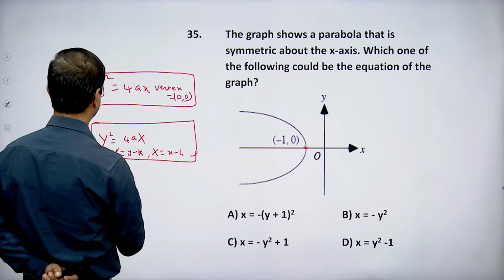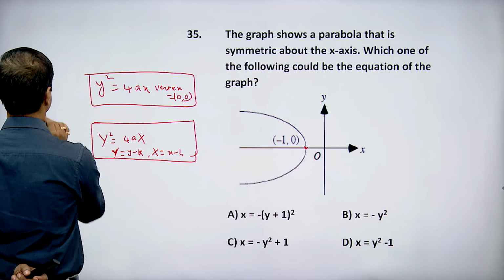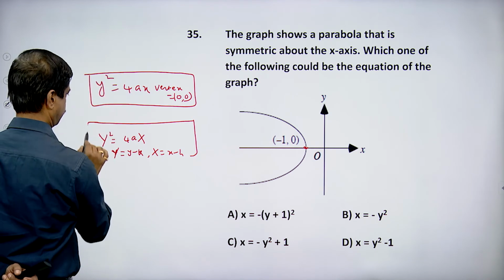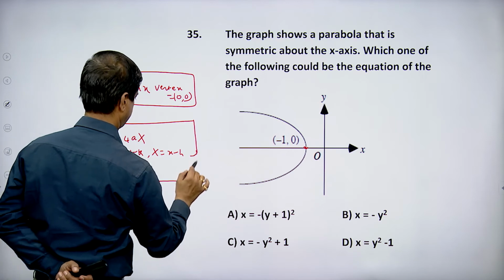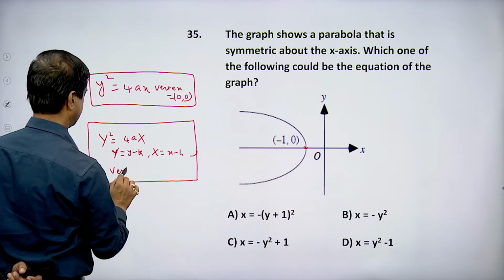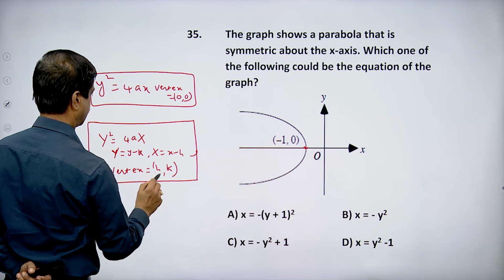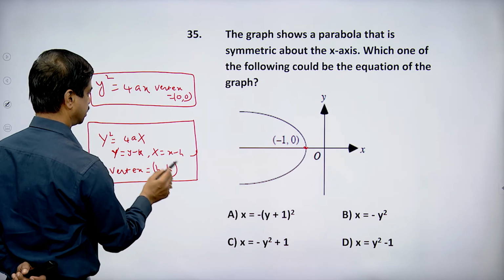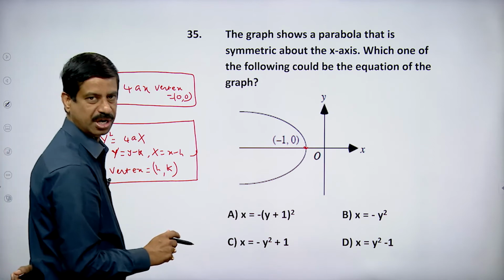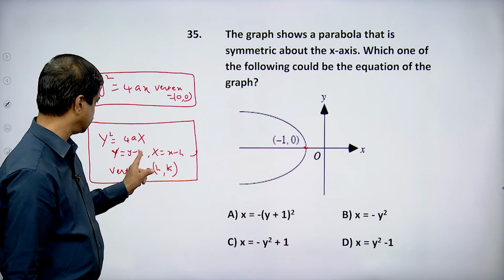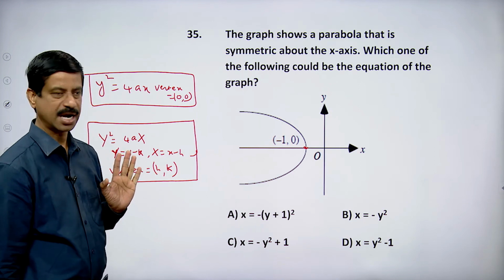So, what is the vertex in this case? Vertex is h comma k. H comma k means x minus h is 0, y minus k is 0. If you take that, you will get the x and y values, that becomes the vertex. So, x equal to h, y equal to k is the vertex, right?